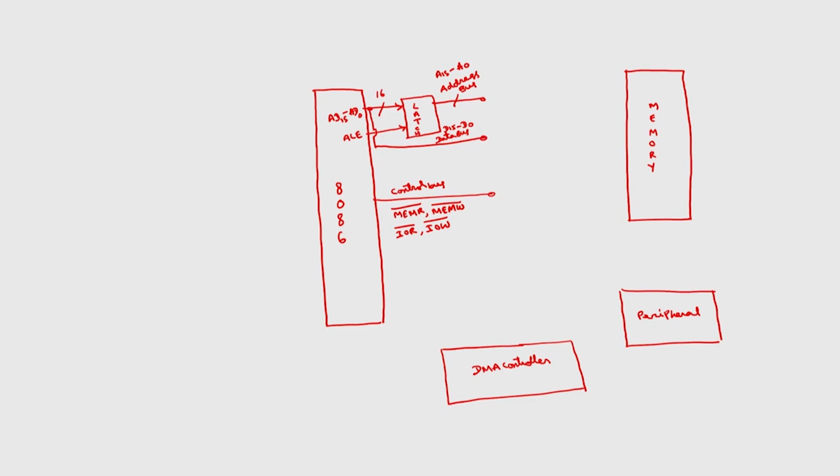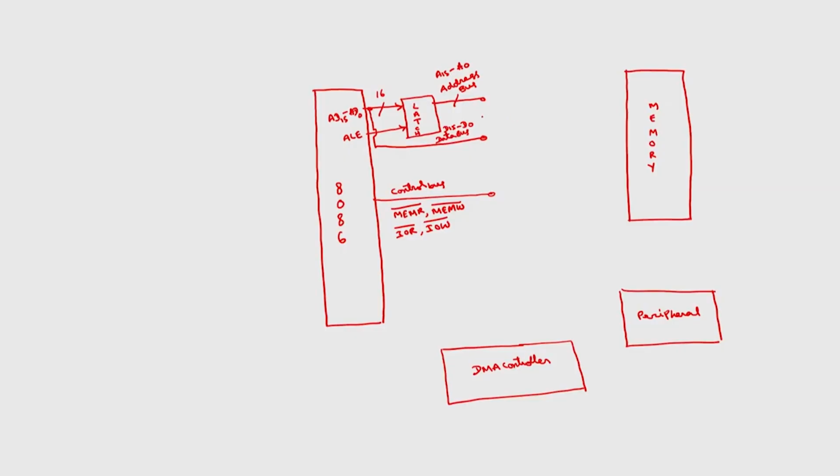Then this memory also will have an address bus, data bus and control bus. So, we are going to connect this memory address bus to one of these switches. This is coming from the DMA controller. So, we have the address bus of the DMA controller, data bus of the DMA controller and control bus of the DMA controller.